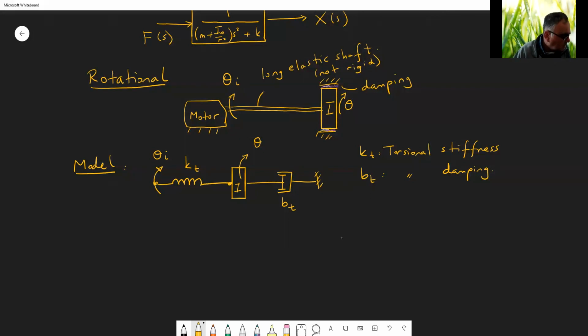We write the equation, draw the free body diagram for the inertia. Now let's say that we have taken the direction.